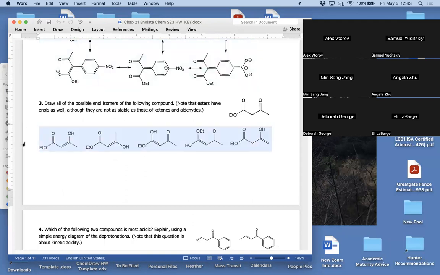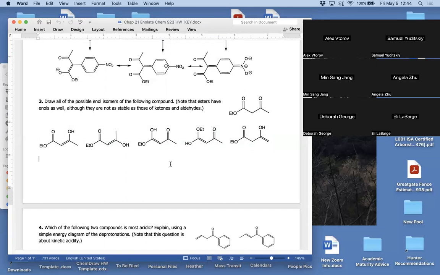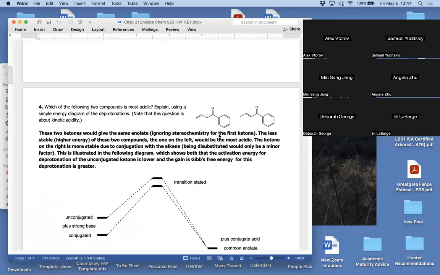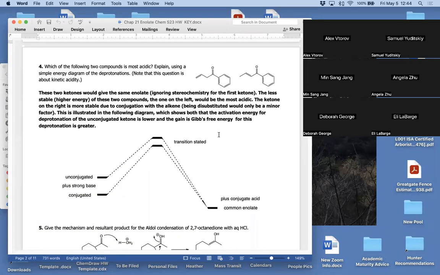Three, again, it's just more practice in basic Orgo skills, but in a new context. And notice the first two. The enols have cis and trans isomers. And the first two are the dominant ones. Four is thinking Orgo.